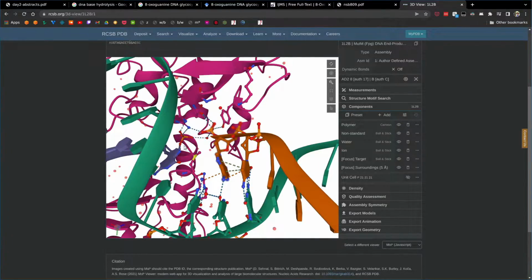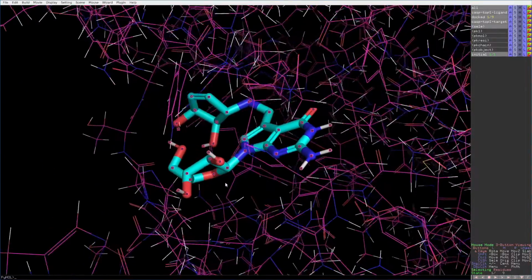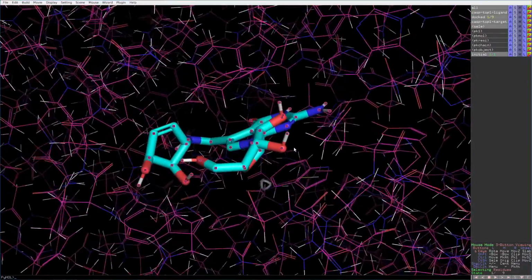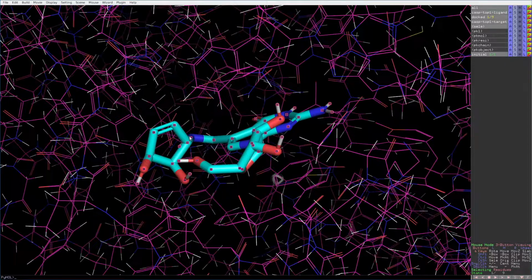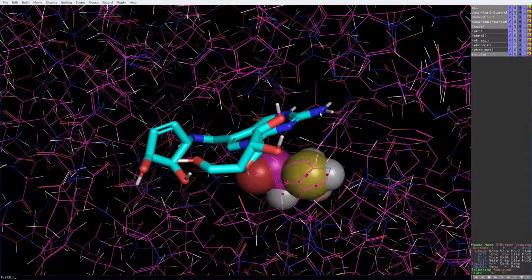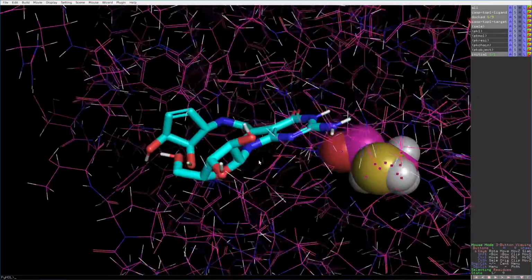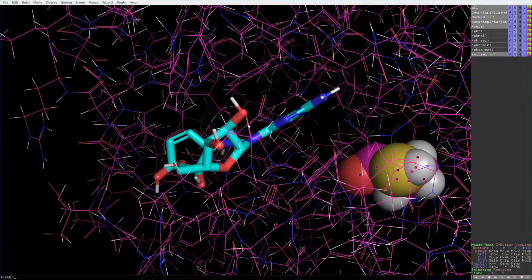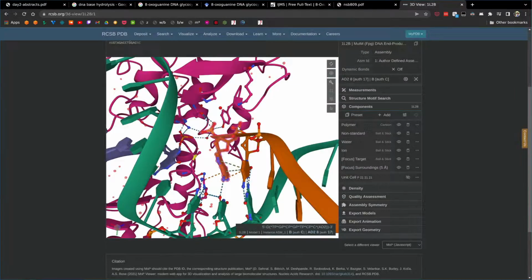Okay, is the sugar towards that? Or is that cysteine? Spheres. Okay, so that's a cysteine. But then what? It shouldn't have a cysteine. That's a mutation.